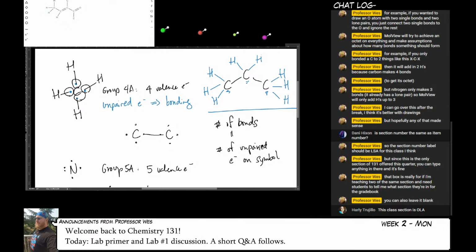So 1, 2, 3, 4. Oh, I did C's again. Sorry, I clicked on the wrong thing. 1, 2, 3, 4, 5, 6, C4, H6. So that could be C4H6O. And for that sort of problem, just trying random arrangements is sort of the goal.